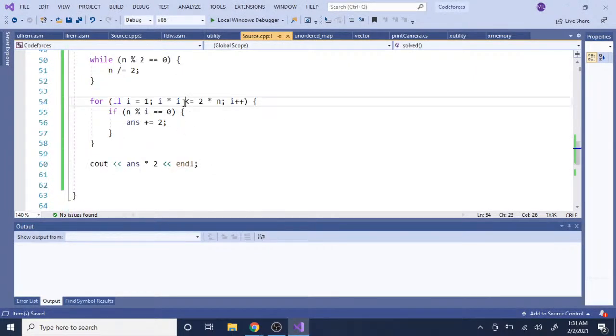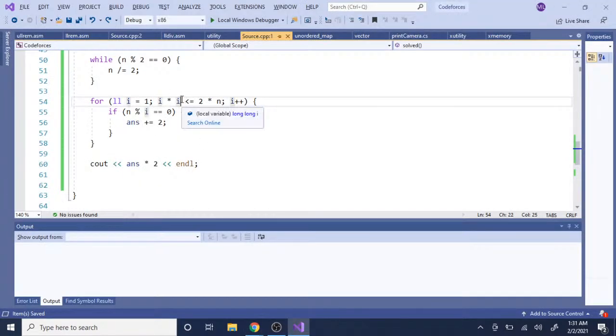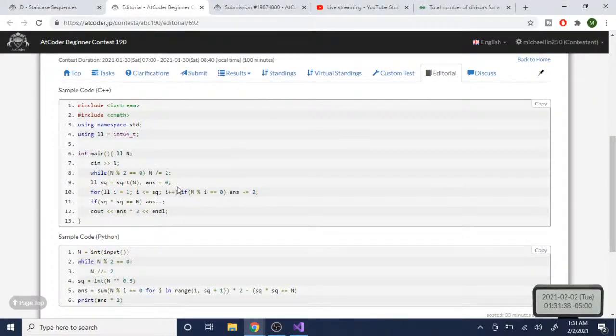Okay, so for double, okay, I guess we're not doing this. This is less than or equal to? Yeah, less than or equal to. Okay, so they don't want to do square root of i. They want to do this way. Okay.